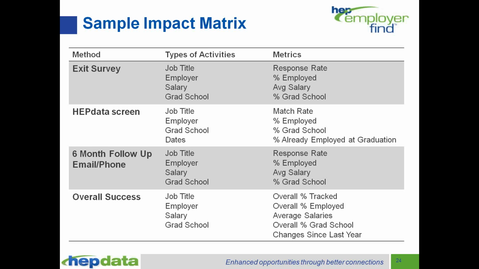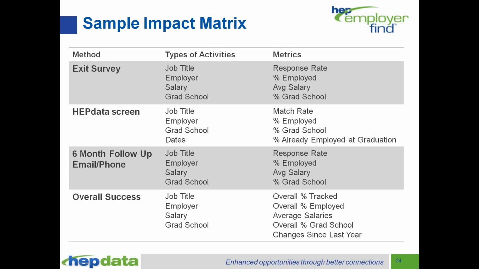Because we capture those dates that they've had that job, we can tell you these people were working at the time of graduation, so they weren't seeking another full-time job. Then there's a 6-month follow-up, very similar. We can pull job title, employer, or this is the activities the campus does trying to actually reconnect with the alumni.